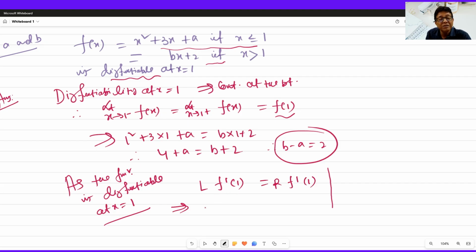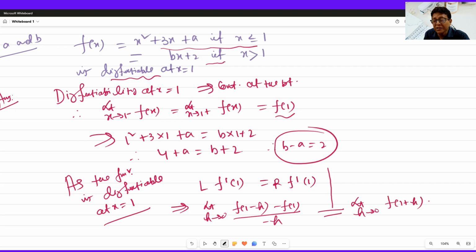So it will be: limit h tending to 0, f of 1 minus h minus f(1), divided by minus h, must be equal to limit h tending to 0 of f of 1 plus h minus f(1), divided by h, isn't it?